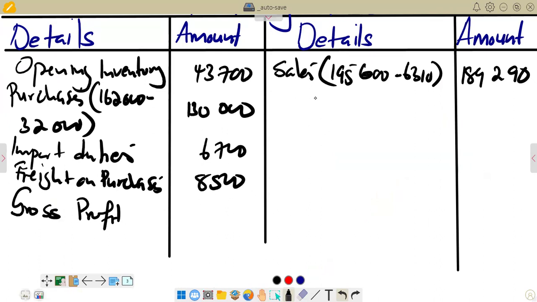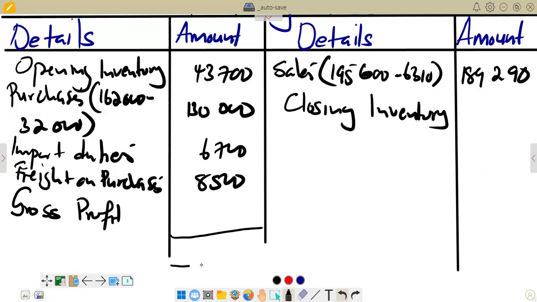Then we can find the closing stock, the closing inventory on this side also as a balancing figure. So we can just put our double lines, so we can fill the missing figures in between the double lines. After we've found the gross profit, we put it here. Then we can find our closing inventory as a balancing figure.